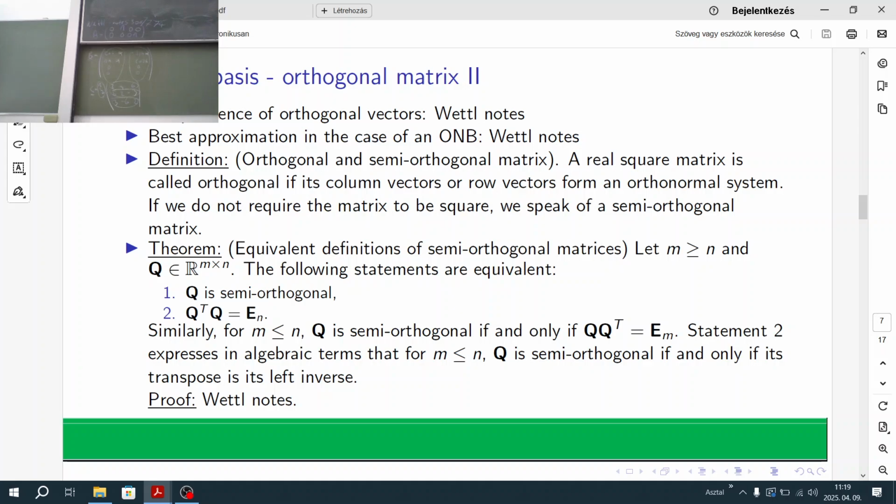That's okay. Do you see? But here the transpose and the matrix are the same.